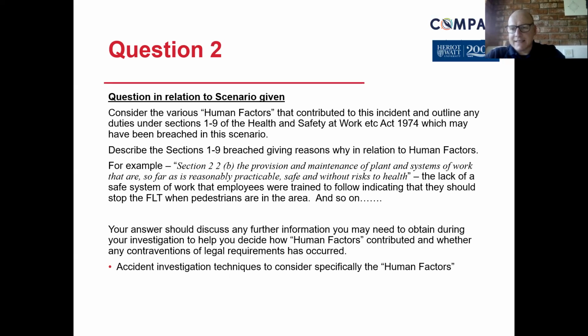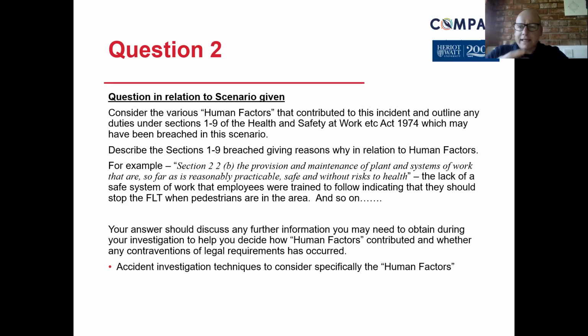If you were investigating that as part of your accident investigation technique, you would probably have to pull them over the coals and say, come on, surely you knew that this was a significant risk, and anything that has a significant risk requires a decent risk assessment done, and within that, there'll be a lot of controls. So why did you choose maybe production efficiency and selling above the health and safety of members of the public?